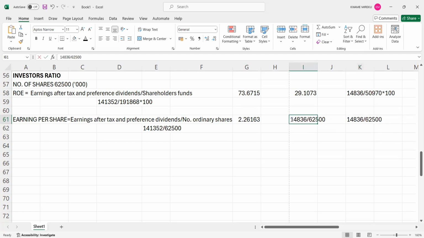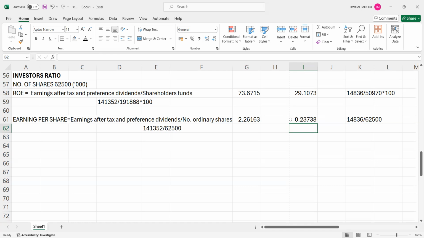So in 2022, when we share all the earnings, each shareholder will get almost 24 pesewas per share.